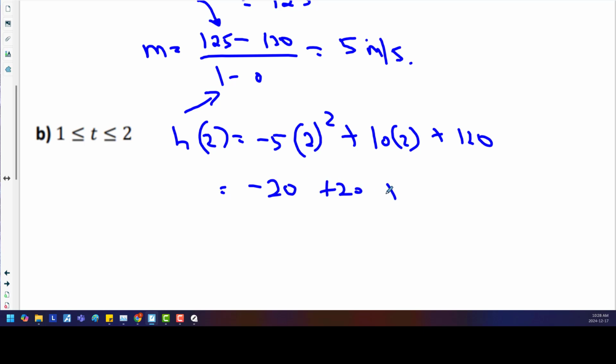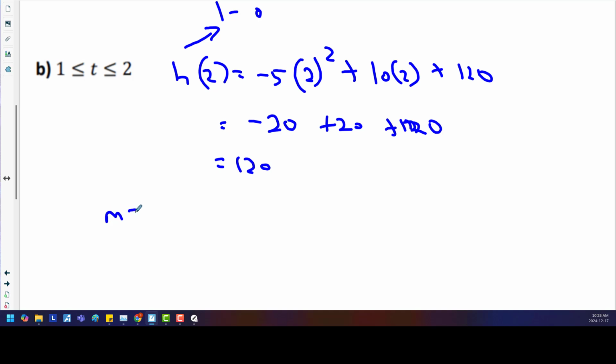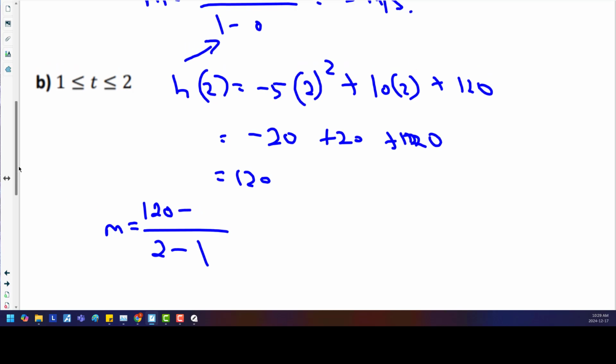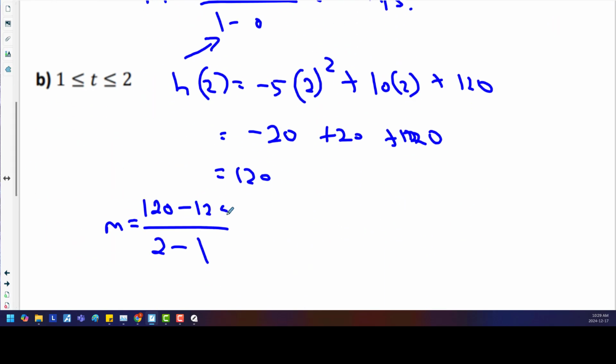This is plus 20, this is plus 120. -20 plus 20 cancels out, so the answer is just 120. So h of 2 is 120. So slope is equal to, remember, t2 minus t1, the height at 2 seconds minus height at 1 second, which was 125. So here we have -5 over 1, or -5 meters per second.